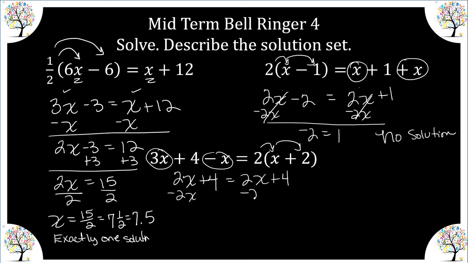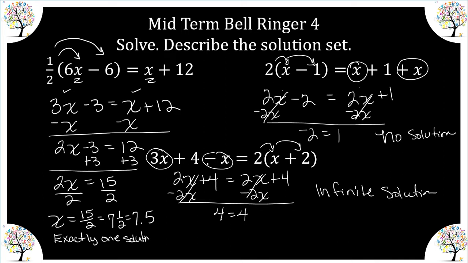Again, these variables are the same, so they will be eliminated, and we have a statement that is true. We have no variable with a true statement, so this means that we have infinite solutions, meaning any value will make the left side equal the right side.